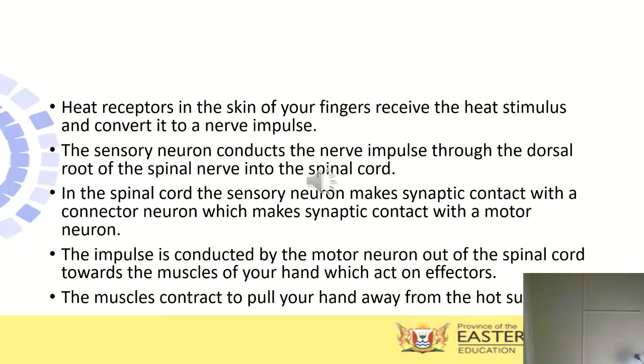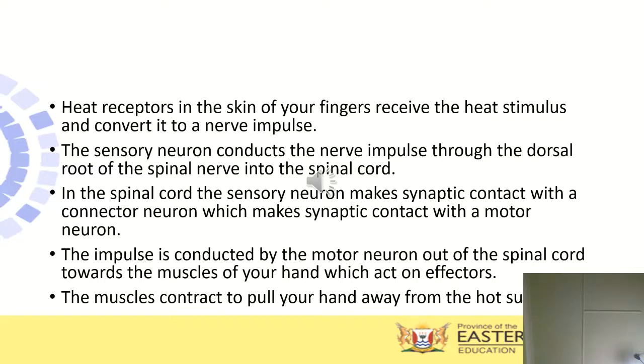You can see something that looks like the letter H. That should be your gray matter. That is where you find your connector neurons. Now, the sensory neuron makes a synaptic contact with a connector neuron, and also with the motor neuron. So you can see the direction.